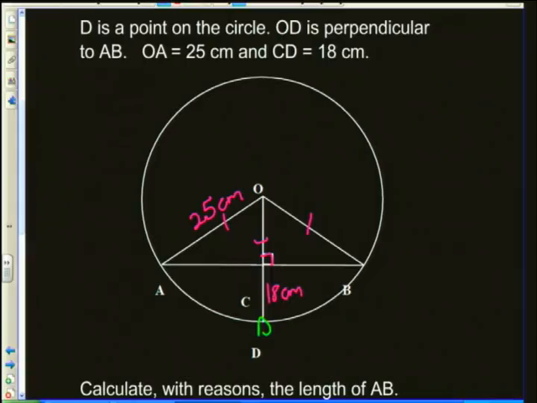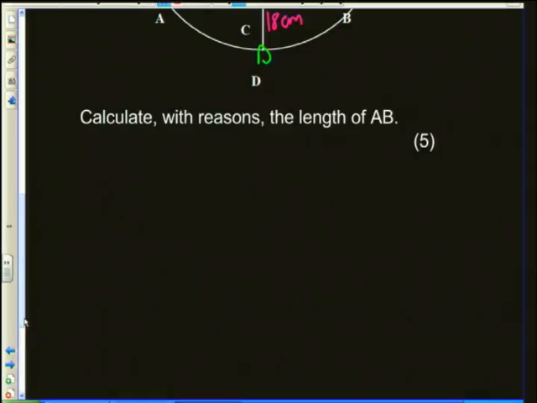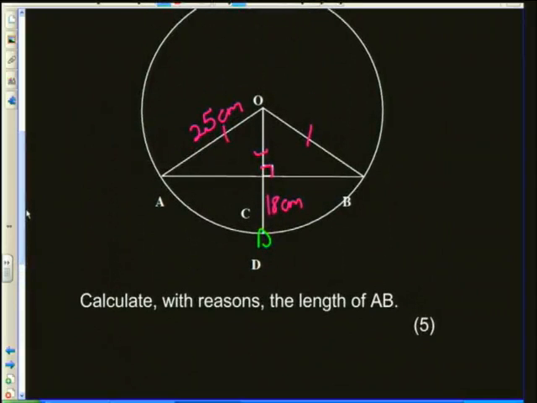But if OA is equal to 25, so is OB, and so must the total length of OD be 25. So we can automatically see that OC should then be 25 minus 18, which will give me that bit. Okay?